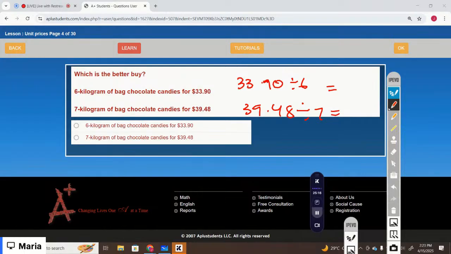So let's just calculate the price of the unit. Unit price 33.90 divided by 6, that is 5.65. 39.48 divided by 7, that is 5.64. So which is the better price?